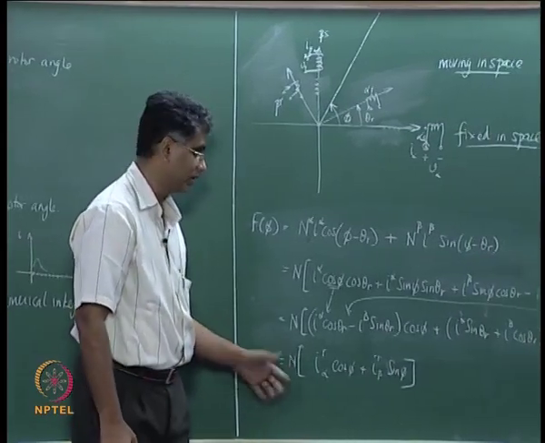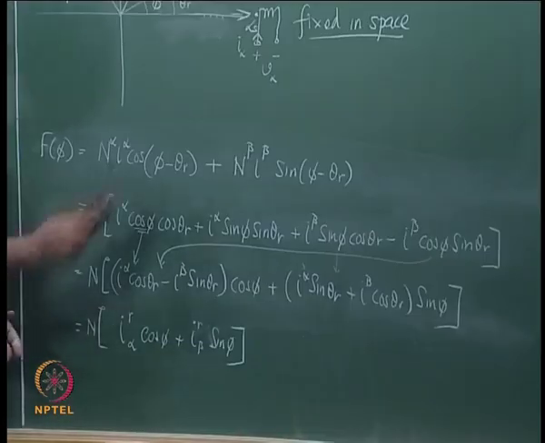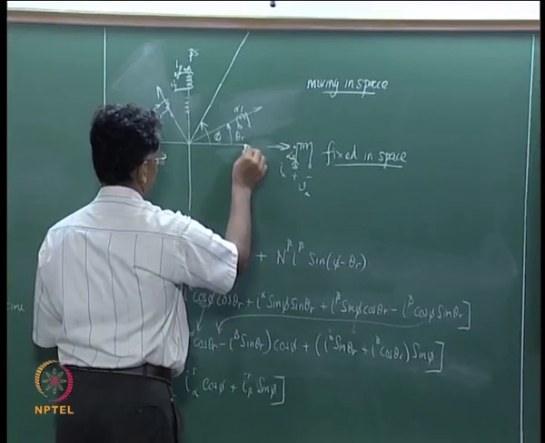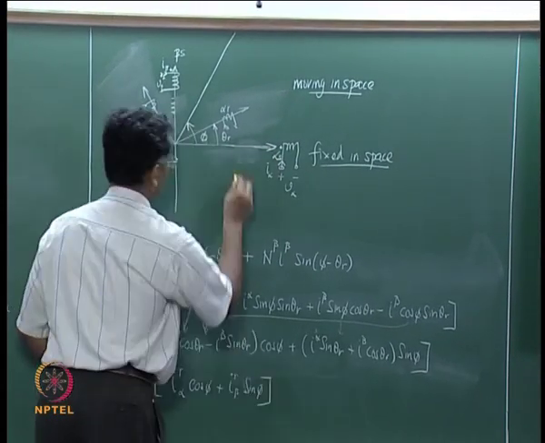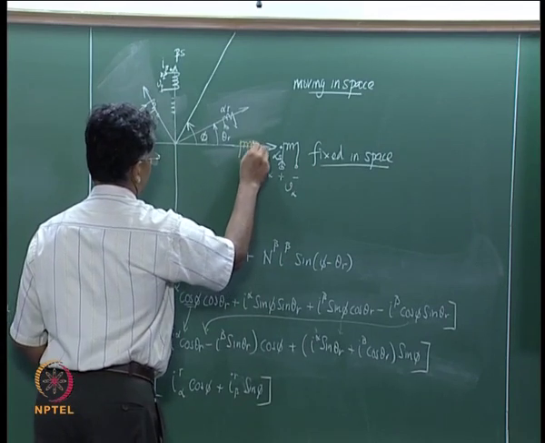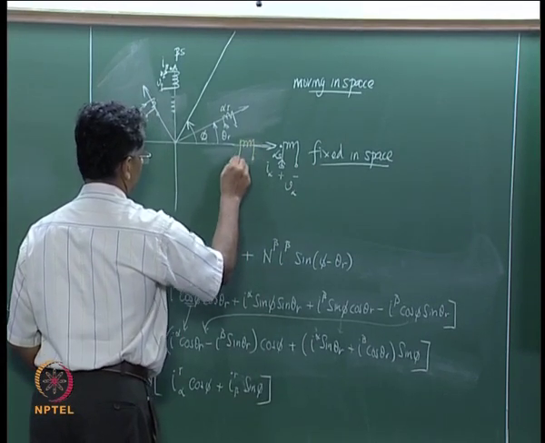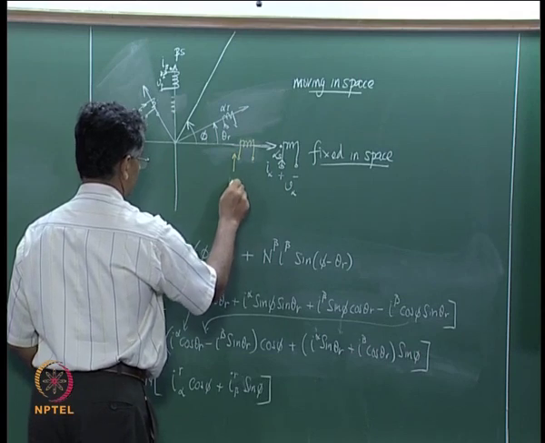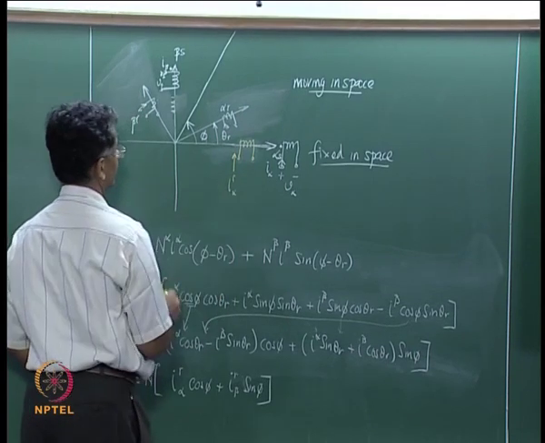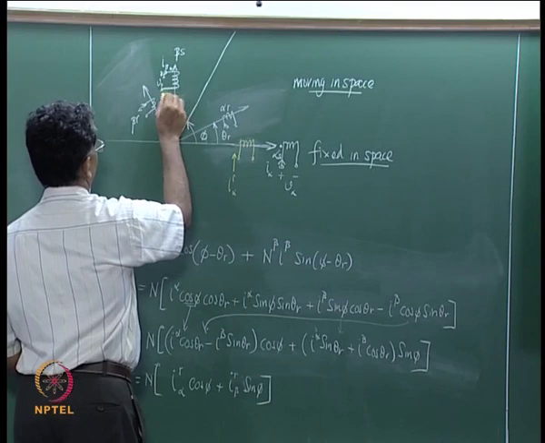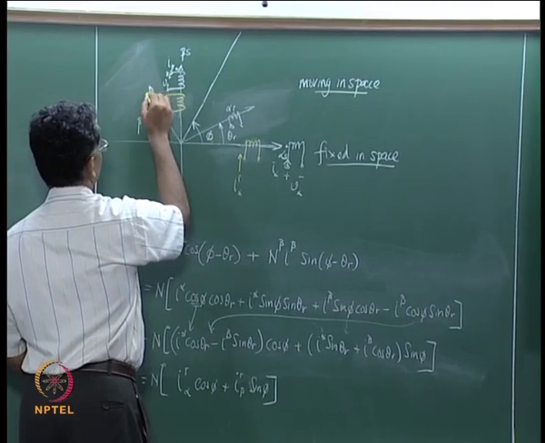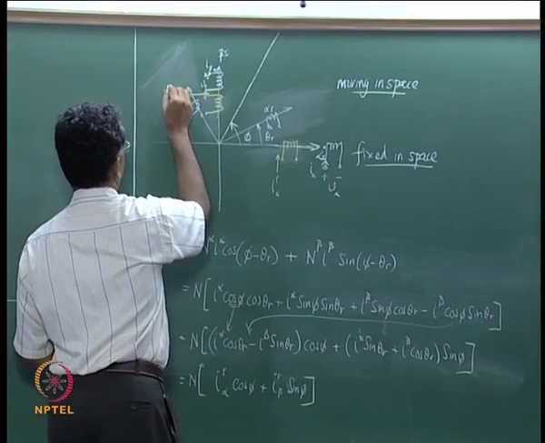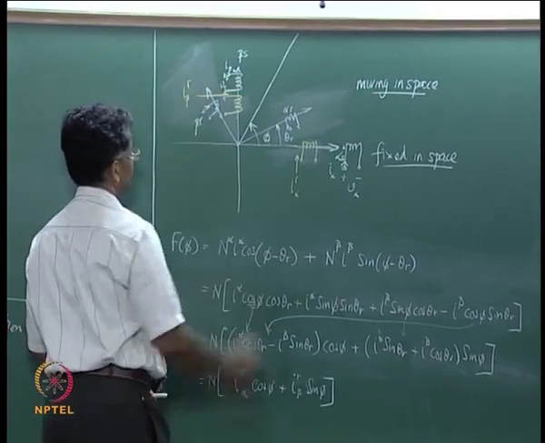This expression means that suppose I had a coil here, let me draw that in a different color, through which this current I r alpha is flowing, and I had a coil here through which a current I r beta is flowing.